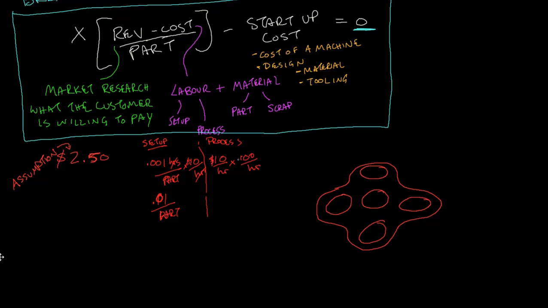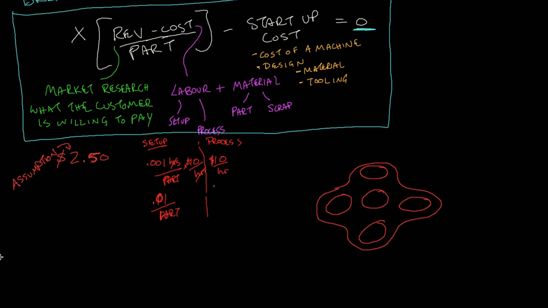But you notice that it can't be times, because then you would get dollars per hour squared on the bottom, so that doesn't really work. You would get really strange units. So you know that this needs to be divided to get dollars per part.